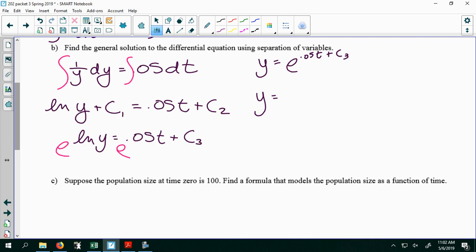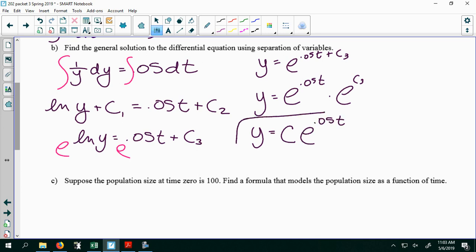So I'm going to rewrite this as e to the 0.05 t times e to the c3. Right? Because now these are two like bases being multiplied. I would add the exponents. But e to an arbitrary constant is just a new arbitrary constant. So we're going to call this y equals c e to the 0.05 t. There's my general solution.